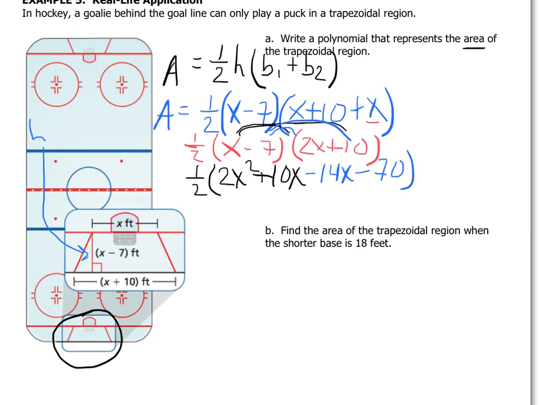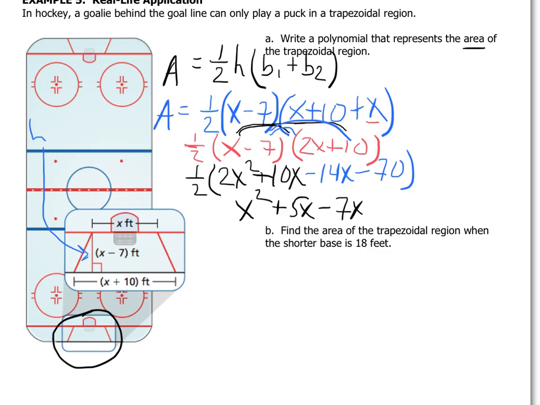So what that 1/2 is going to do is we're going to take the 1/2 and run it through with another distributive property, but in this case it's a monomial times the polynomial. So 1/2 times 2x squared is just going to leave me with x squared. 1/2 times 10x is going to give me 5x. 1/2 times negative 14x is negative 7x.